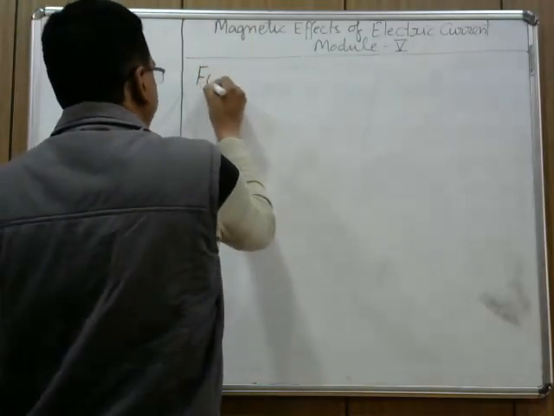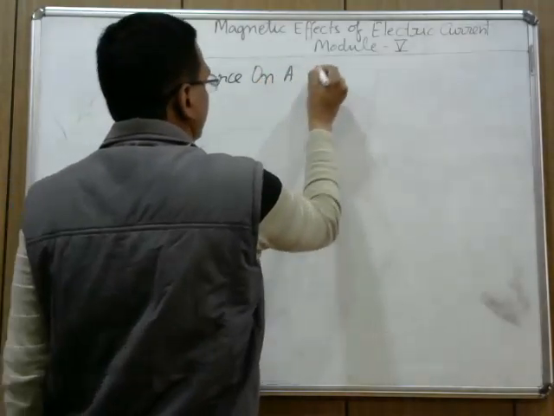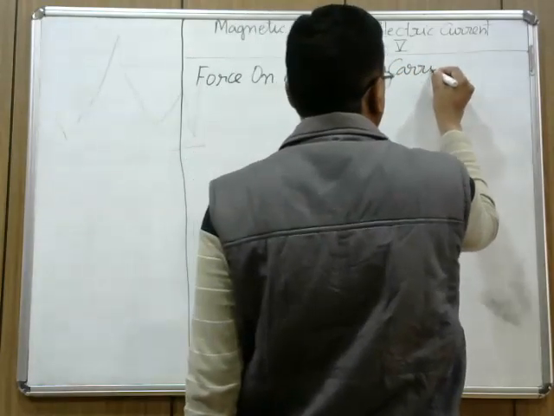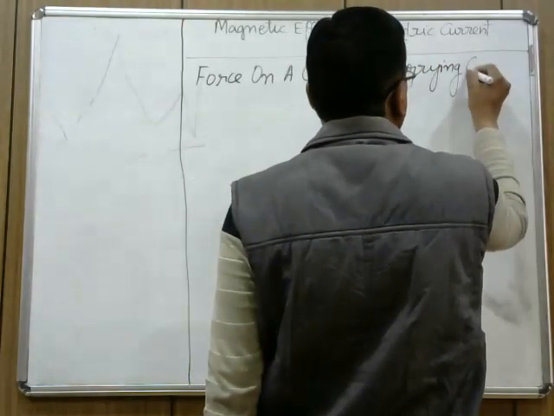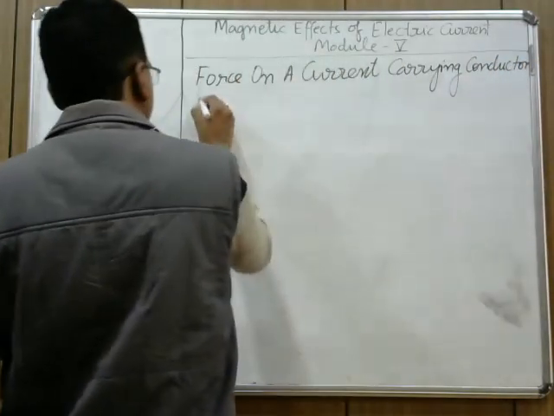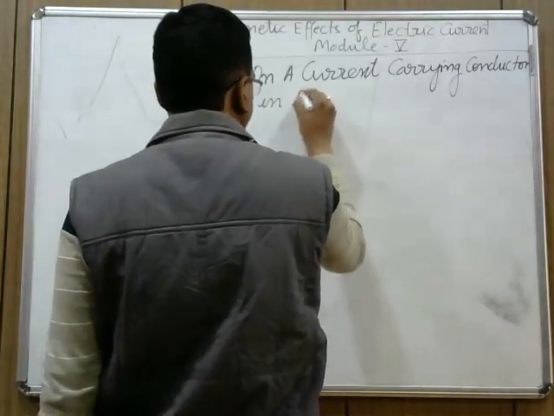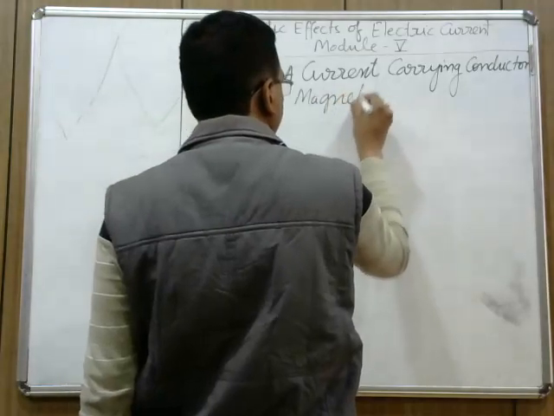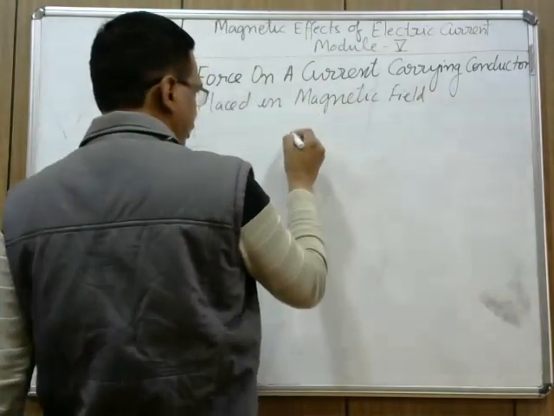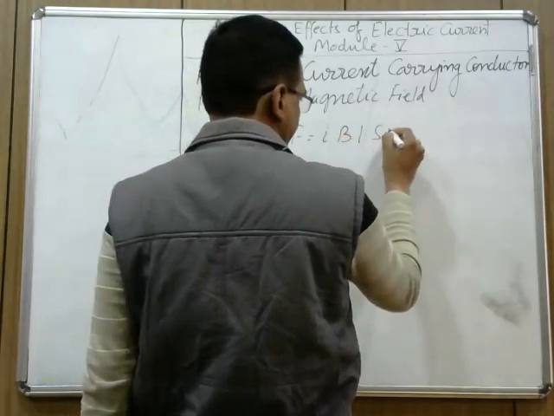So force on a current carrying conductor placed in magnetic field is given by the formula F equals IBL sin theta.